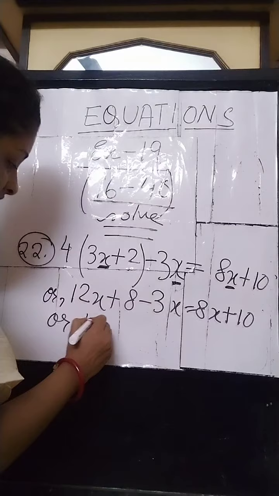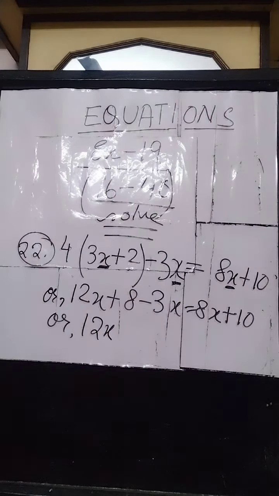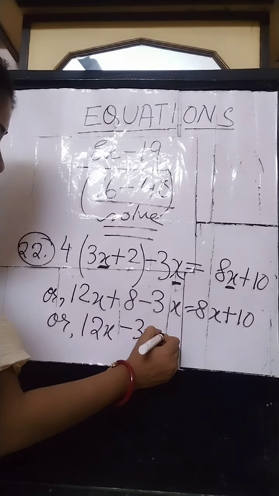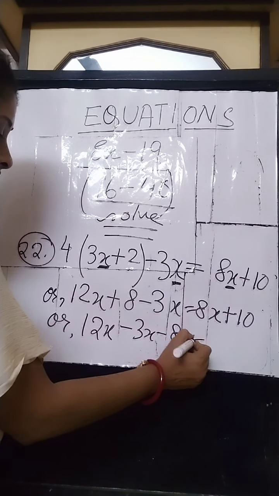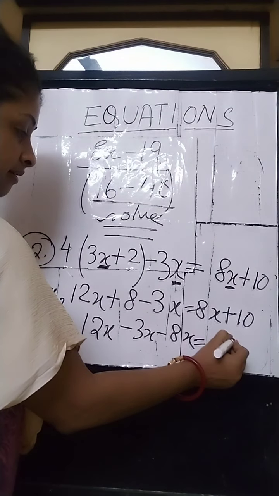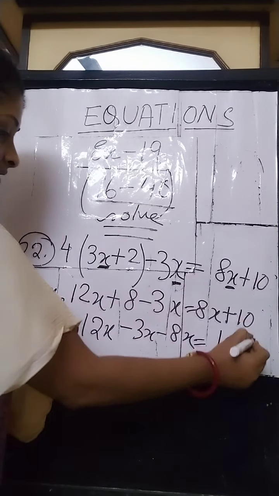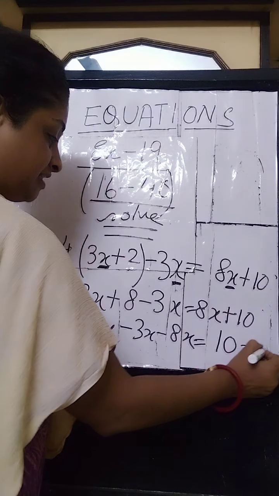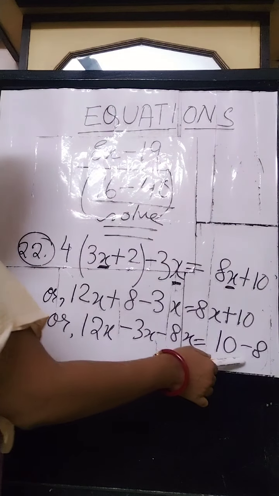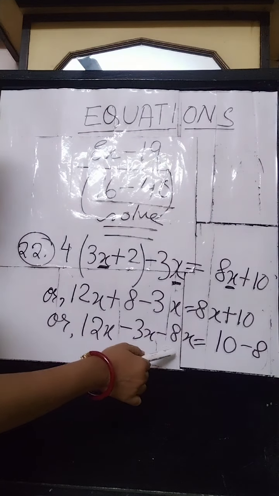So 12x minus 3x minus 8x you will keep in the left hand side, which is called LHS, and in the right hand side you will keep 10 minus 8. Now I will tell you why plus 8 becomes minus 8, and plus 8x becomes minus 8x.